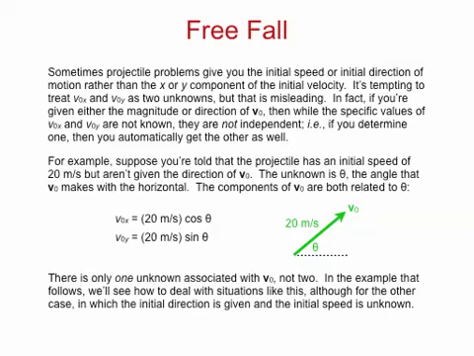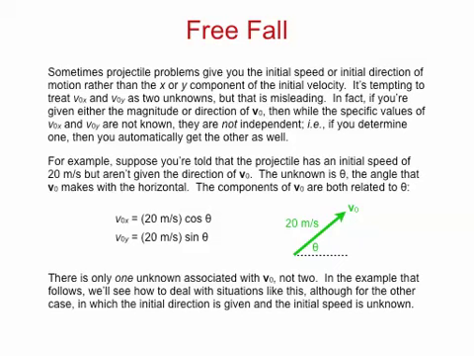For example, suppose you're told that the projectile has an initial speed of, say, 20 meters per second, but aren't given the initial direction of motion. The unknown is theta, the angle that the initial velocity vector makes with the horizontal.